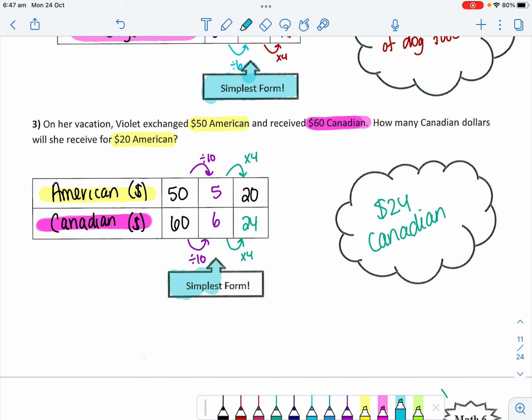We should be able to find the greatest common factor and divide. And then we can multiply to get to that next number. So now we're going to practice using all the different kinds of ways of solving these ratio or rate tables. So sometimes you're going to have to just scale forward, sometimes you're just going to scale backward, and sometimes you're going to have to do both.